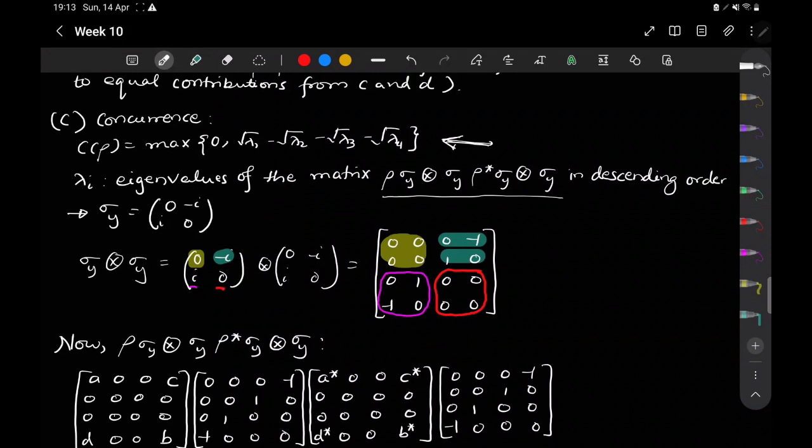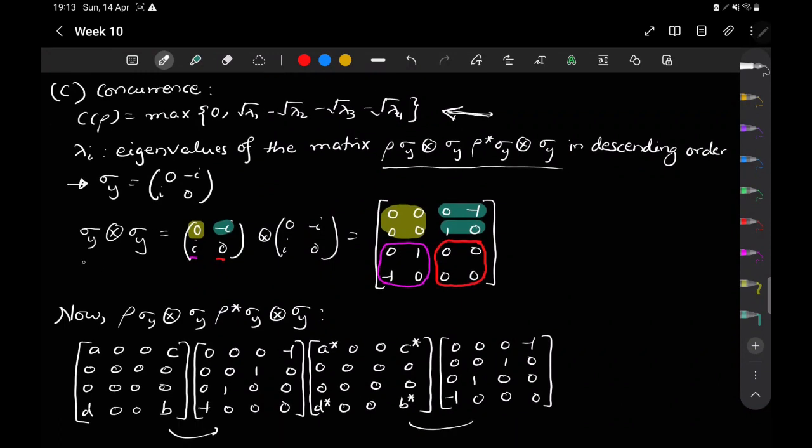So sigma y is this Pauli matrix, and sigma y tensor product with sigma y, we saw last week how it was done. So tensor product, just to revise, is done as follows. You take the first element of the first matrix and multiply it with the second matrix. Then you go to the second element and multiply it with the second matrix. Then the third element and multiply with the entire second matrix. And finally the fourth element and multiply it with the entire second matrix. And that's how you get this.